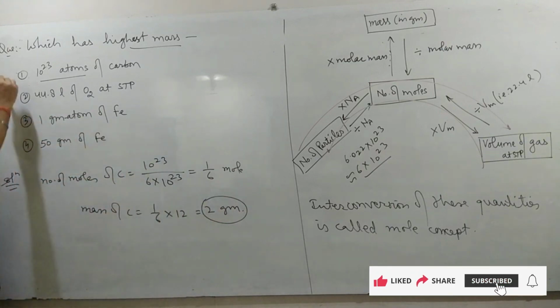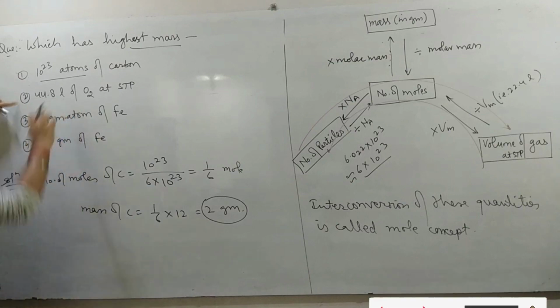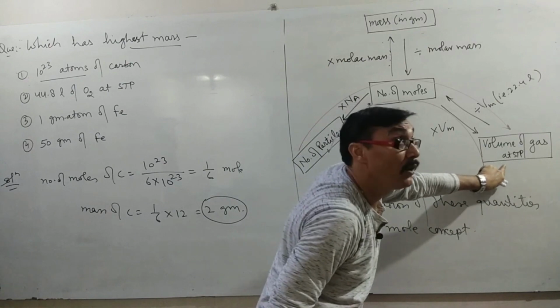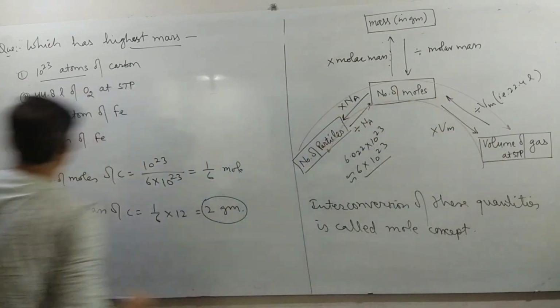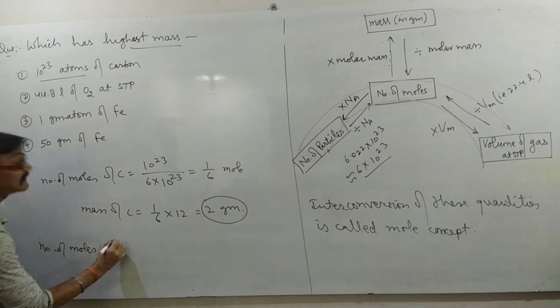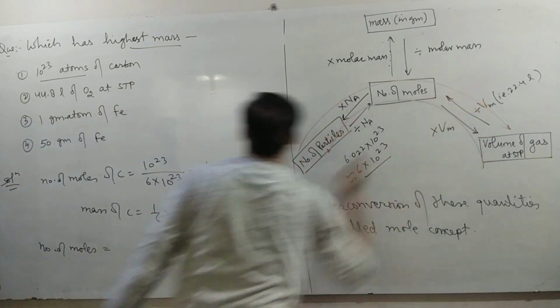Now to find the mass of 44.8 liter, to find the mass from volume, first of all find number of moles from volume. Number of moles from volume is volume divided by molar volume.